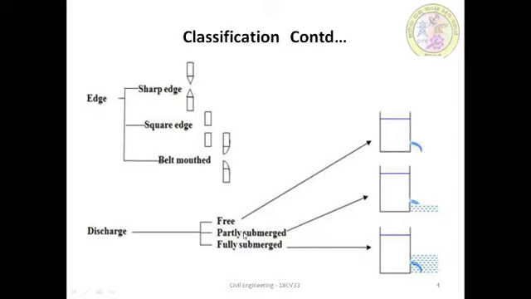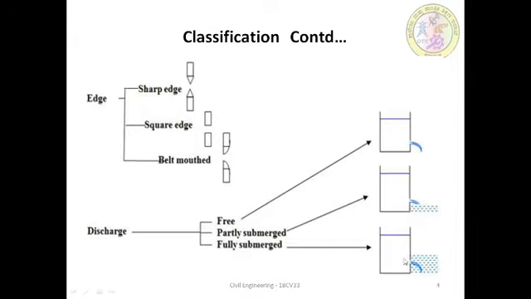But the second one is partially submerged. You can see that the orifice position is partially in the water, in the fluid. On the left side is the water tank, whereas on the right side the fluid is flowing, so it is partially submerged.